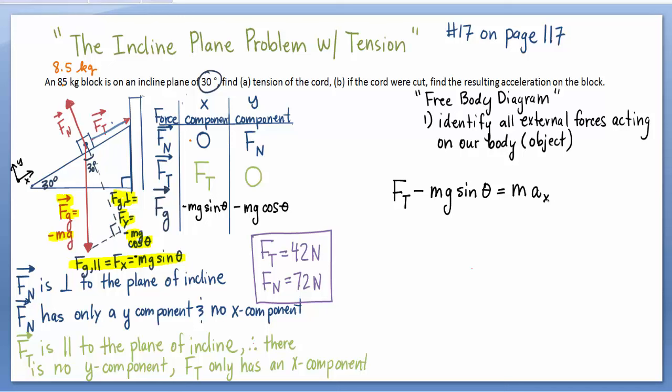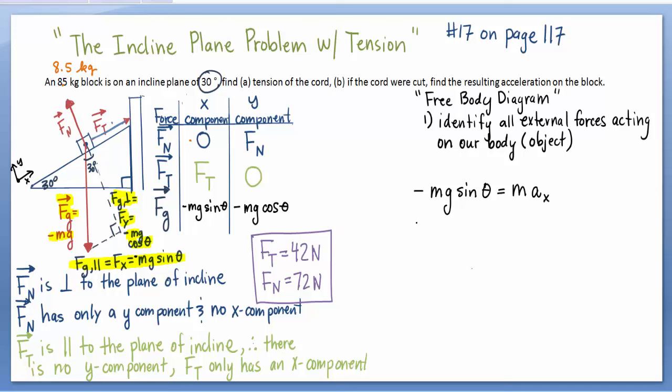So we can say that in the absence of this, which is one way to work the problem, our block will be accelerating in that direction. That's one way we can work the problem.